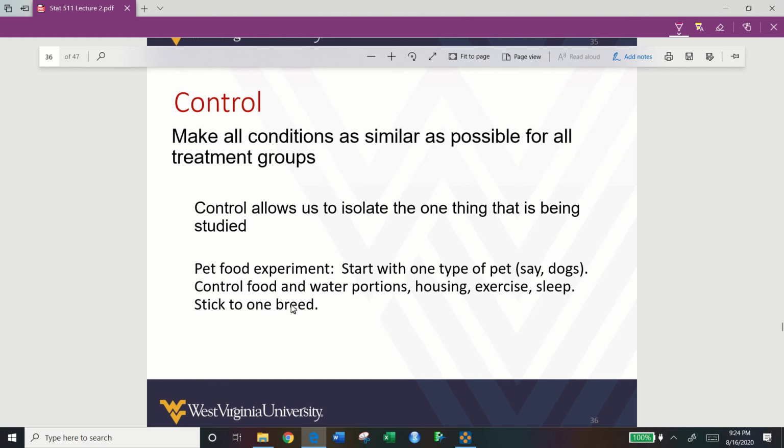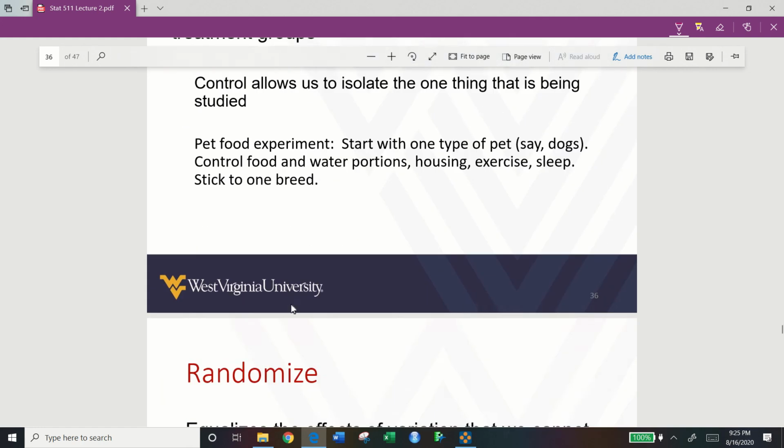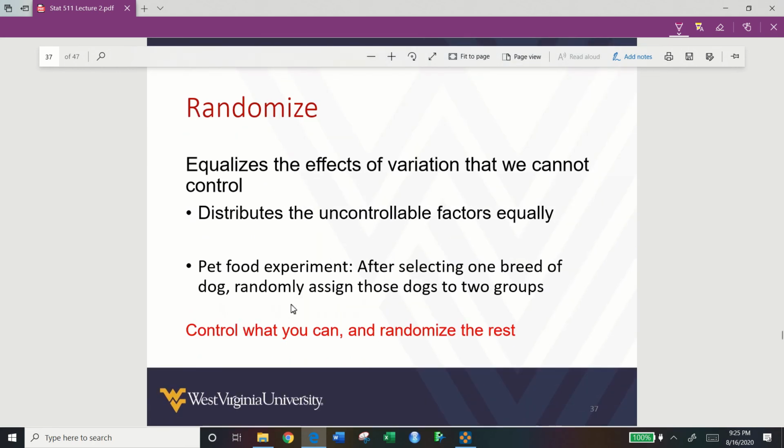Our control will allow us to isolate the one thing that is being studied. So for example, in our pet food experiment, we would start with, say, one type of pet, say dogs, and we would control the food and water portions, housing, exercise, and sleep. And we'd also only use one specific breed of those dogs and control as much as everything else.